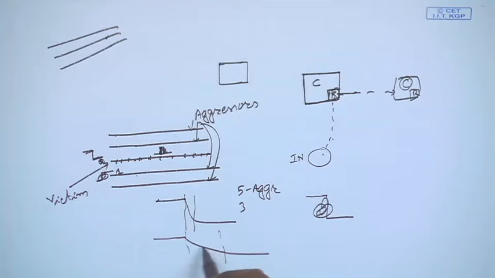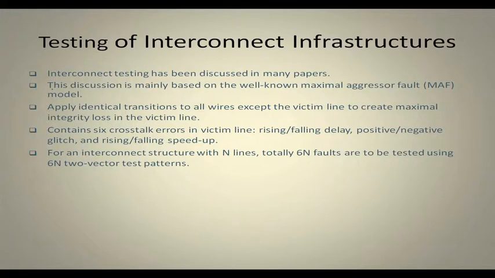So, if the system is operated at a very high frequency, it may sample the line at this point, where the logic level is still 1. So, at the destination it may be sampled as a wrong value. That is the problem of crosstalk and coupling between the lines, and that is captured by the maximal aggressor fault model.